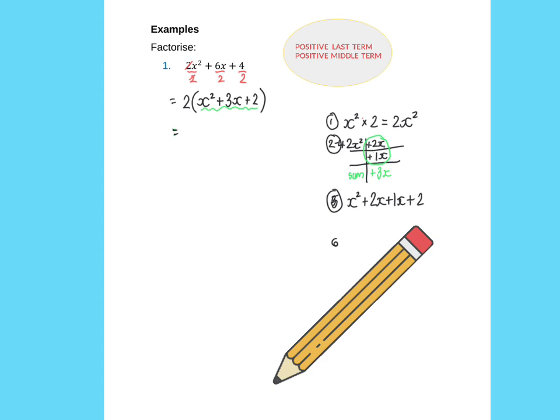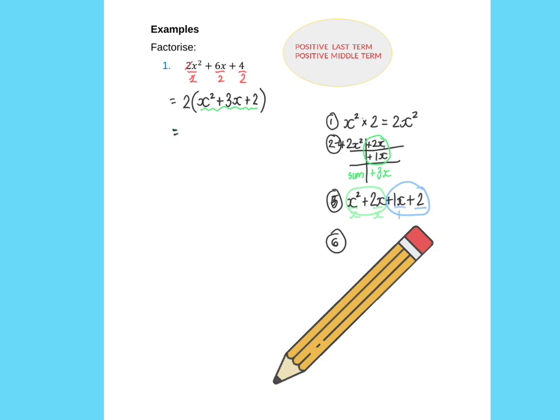Now we factorize with brackets, so we create those same brackets by factorizing 2 groups here. The factorizing will be by x in the first term and by 1.